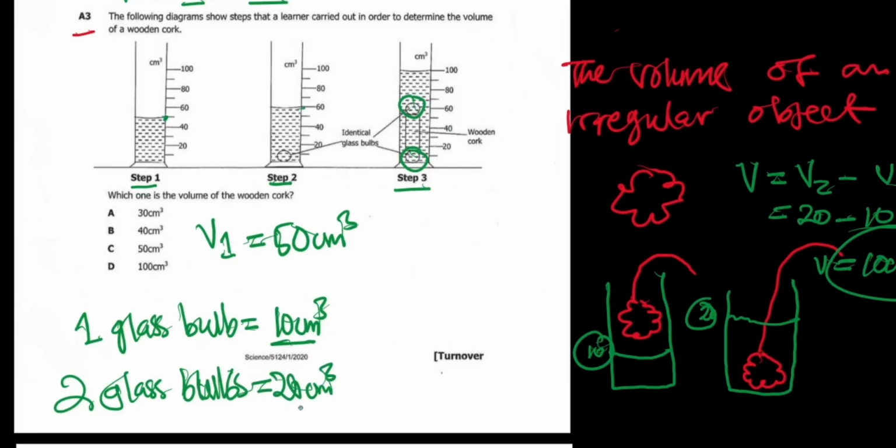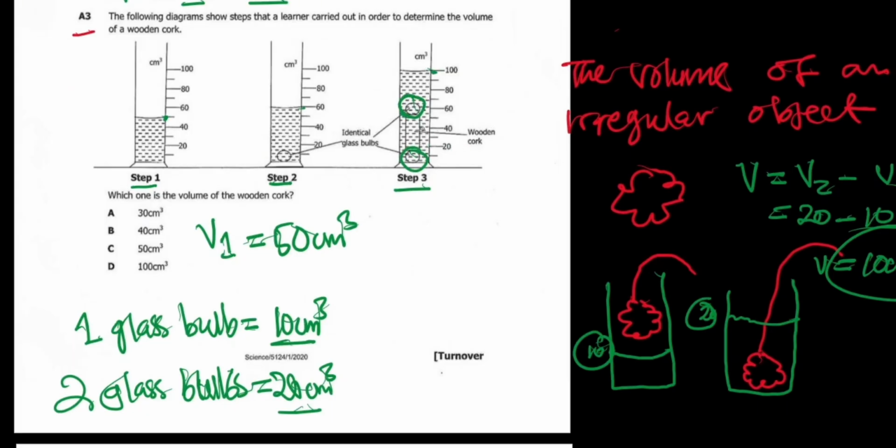So just keep that in mind. Now, notice that at this stage, the volume of water increases from 60 to 100. From 60 to 100. And this is after you've added one more glass bulb and this wooden cork.